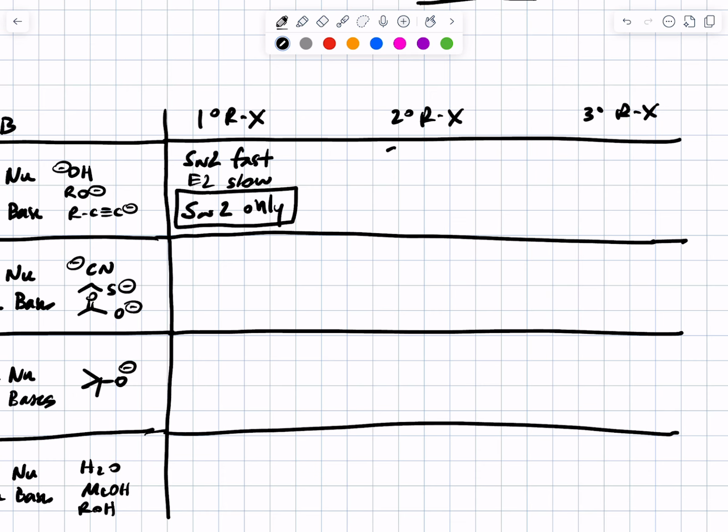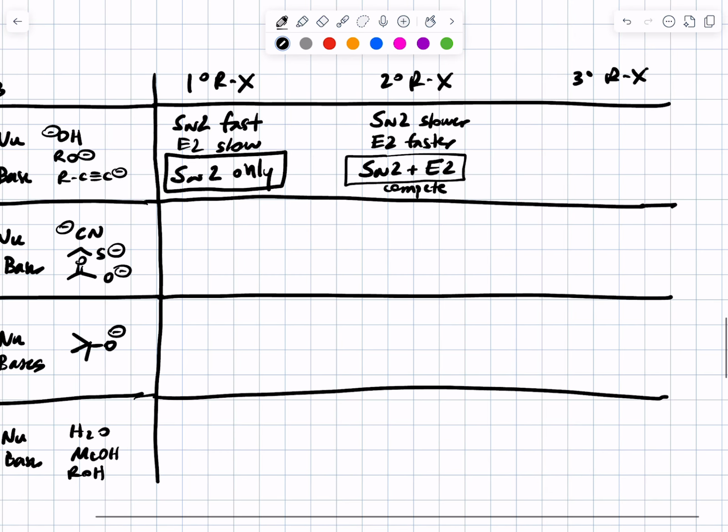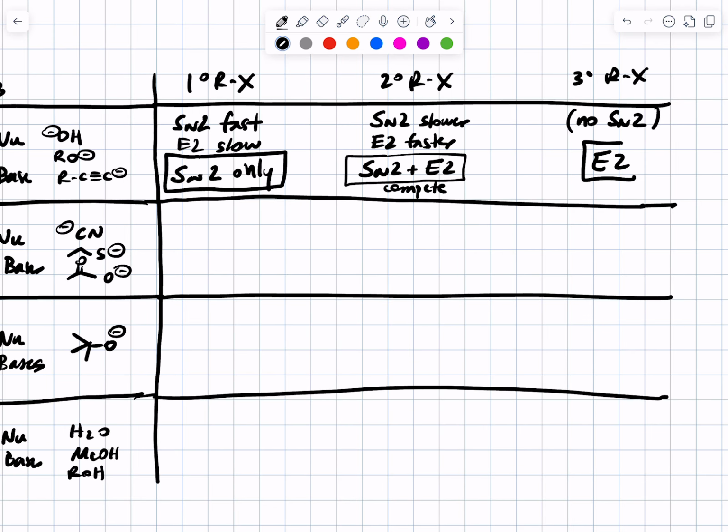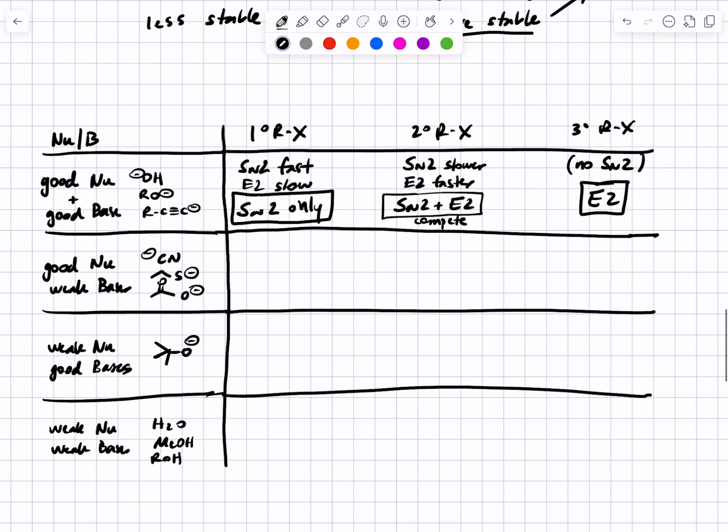But because SN2 is a little bit slower for secondary alkyl halides, and E2 is a little bit faster for secondary alkyl halides, you're going to see that they compete. And we're not going to worry about which one dominates because you'll expect a mixture of both SN2 and E2 products. You will simply draw both of them. For a tertiary alkyl halide, there's no SN2, so all that you can do is E2. Okay, does that make sense?